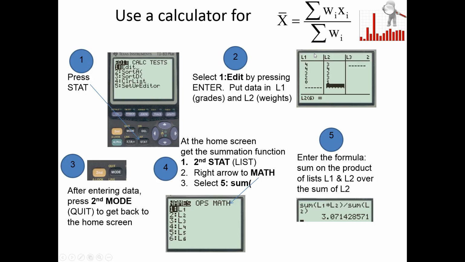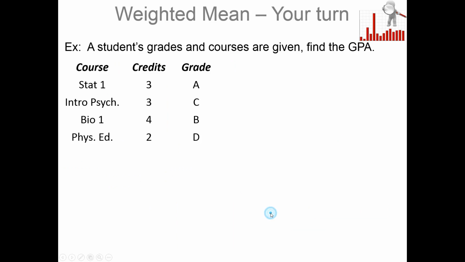So if we take list 1 times list 2, the first entry in list 1 will be multiplied by the first entry in list 2, and the second entry in list 1 will multiply the second entry in list 2, and so on. So that's how this operation works, list 1 times list 2. And then when we add them up, that's the summation. So this is the sum of the product of the two lists divided by the sum over the weight list. The weights in this case are in list 2. Okay, so that's how we're going to do the calculation.